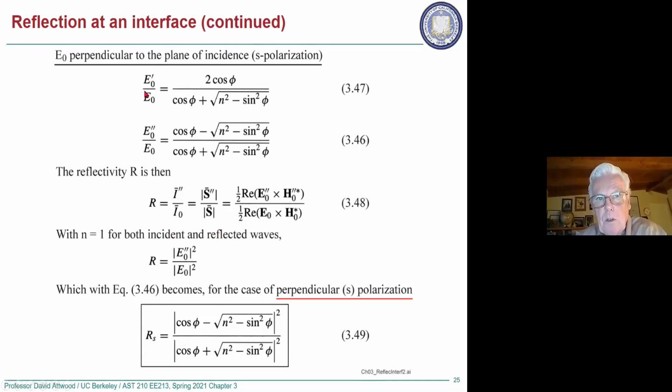We have the ratio of the electric fields, and this is what we call the reflectivity. It's this thing modulus squared, and this is just an n, a refractive index. So this could have been visible or infrared or even microwaves. Anyway, we've obtained that for some refractive index.